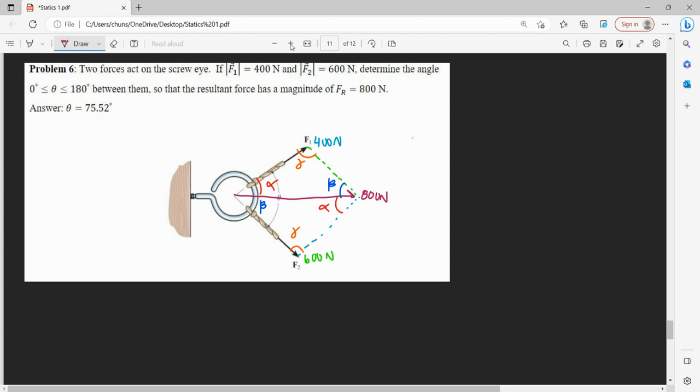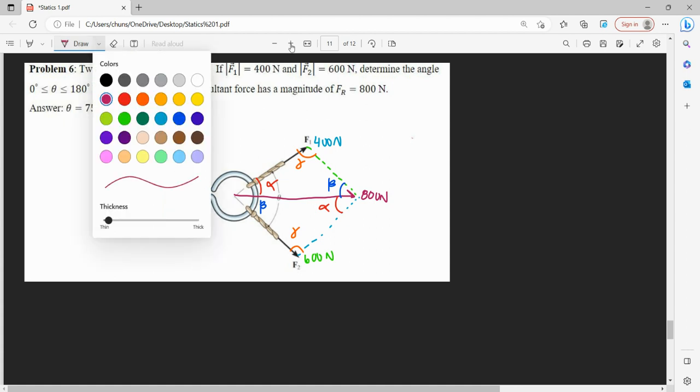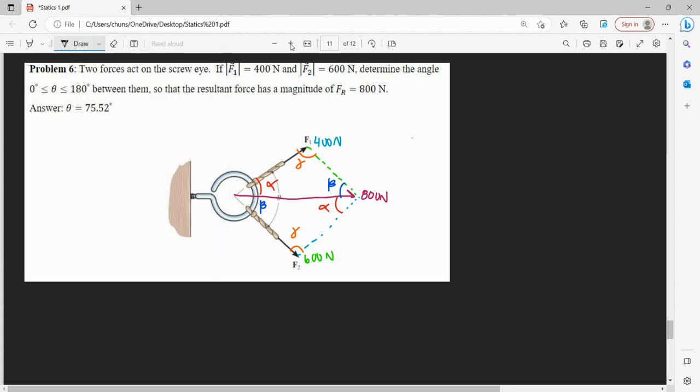So we have all three lengths of a triangle, and we're missing all the angles. So we are going to be using cosine law for this. So let's see. Theta is equal to alpha plus beta. Then gamma is equal to 180 minus theta.